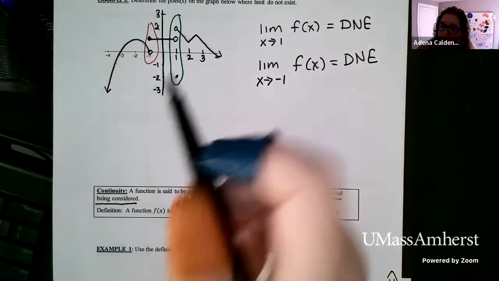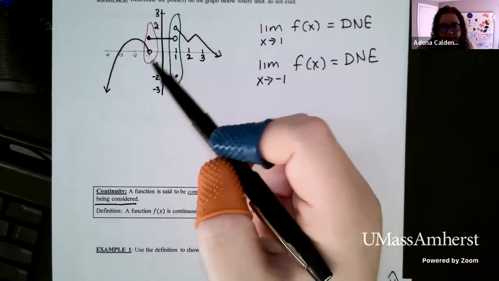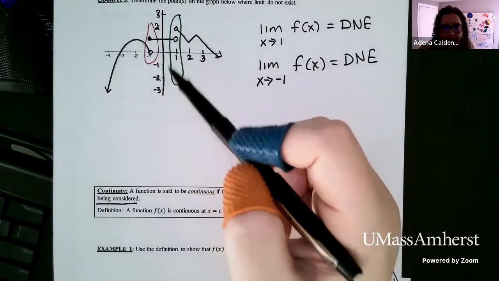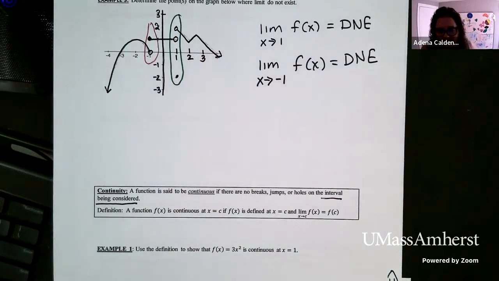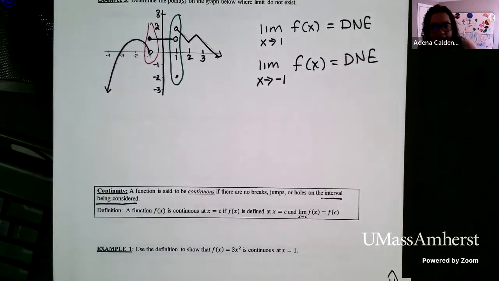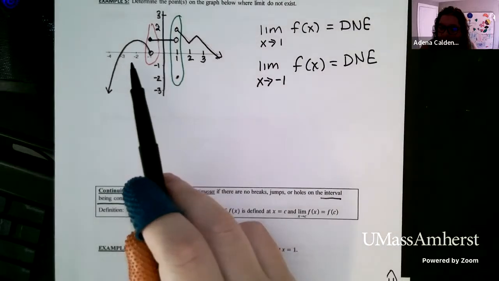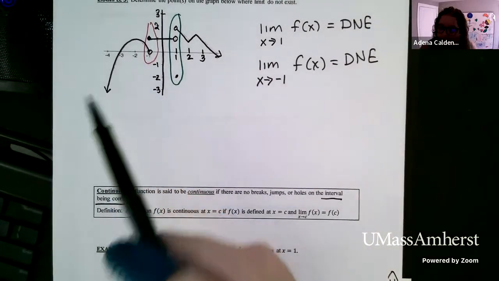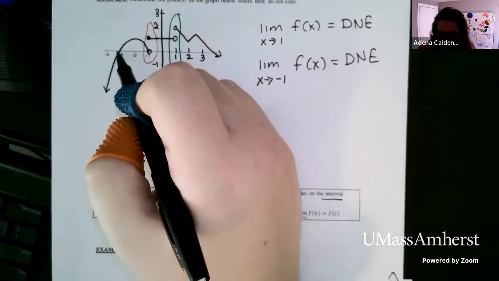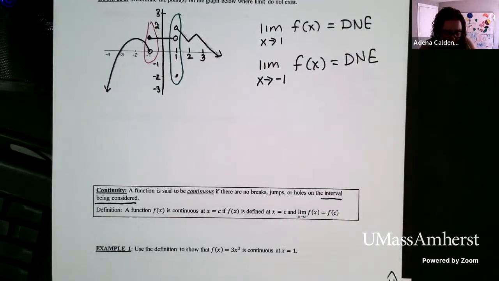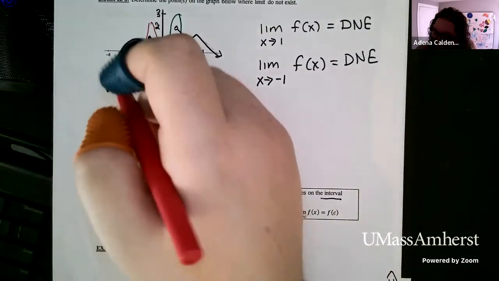If we look up here, we can see that there's breaks at 1 and -1. So we're not going to be continuous there because it violates this idea. But if I asked you if this function was continuous between -3 and -2, the answer would be yes, right? Because that little patch doesn't have any of those issues.